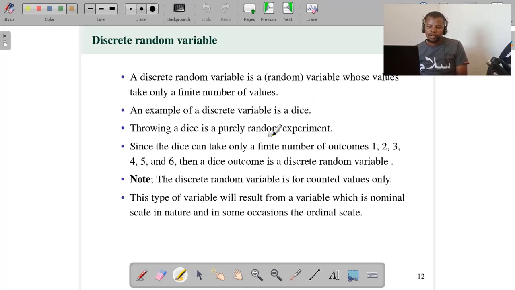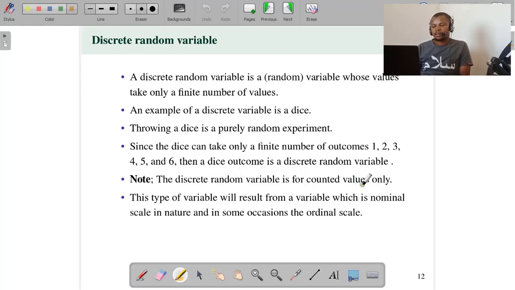Throwing a dice is a purely random experiment. The first condition, remember, in order for us to use probability, we must have the random component. Since the dice can take only a finite number of outcomes, 1, 2, 3, 4, up to 6, then the dice outcome is a discrete random variable, as I pointed out earlier. So in a nutshell, the discrete random variable is for counted values only.